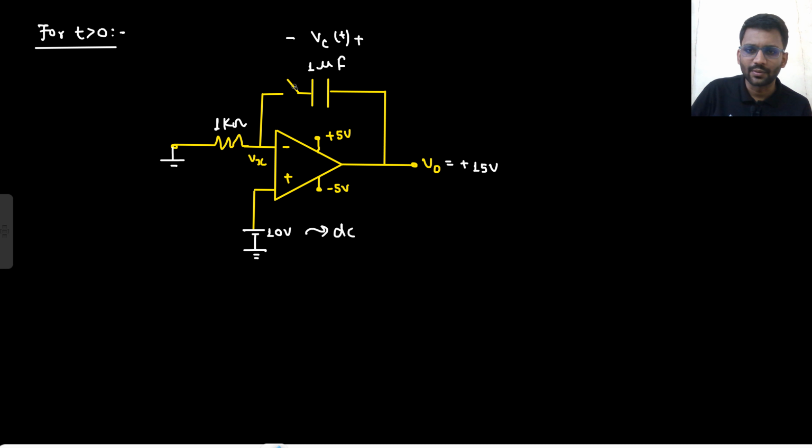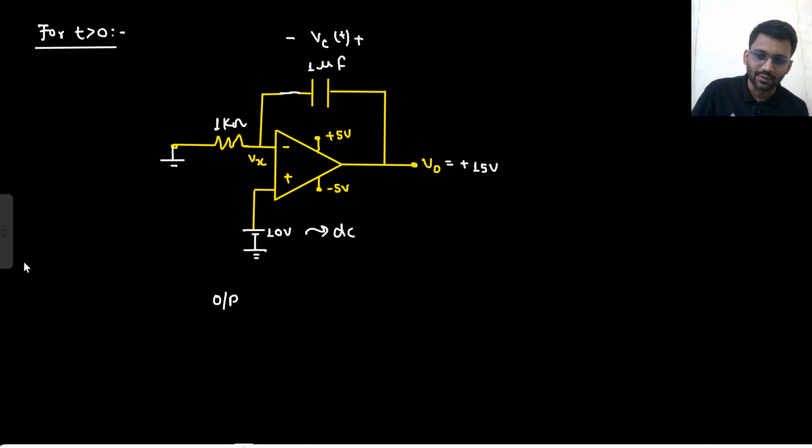The switch is closed now and output is at plus 15. Since the output is saturated, look, the capacitor, this is the circuit. So the output is not going to change instantaneously. Actually, it will change instantaneously, but what IITs thought, that I am telling you.